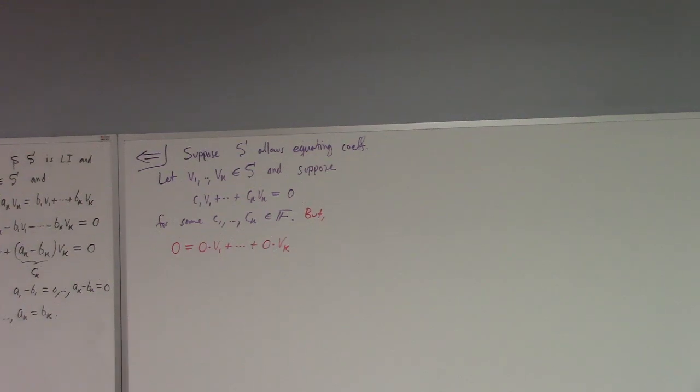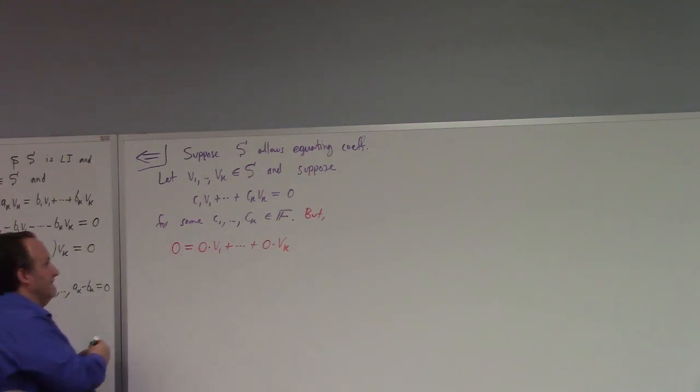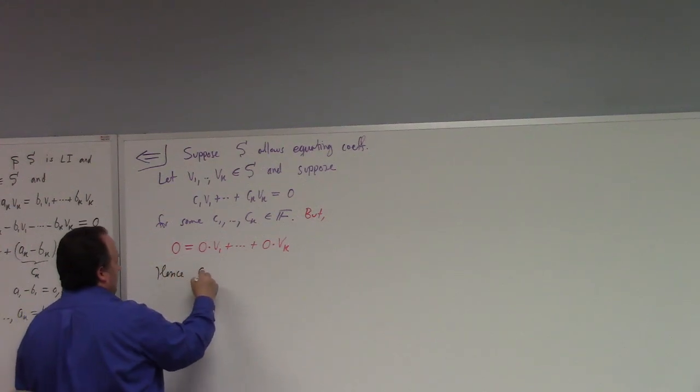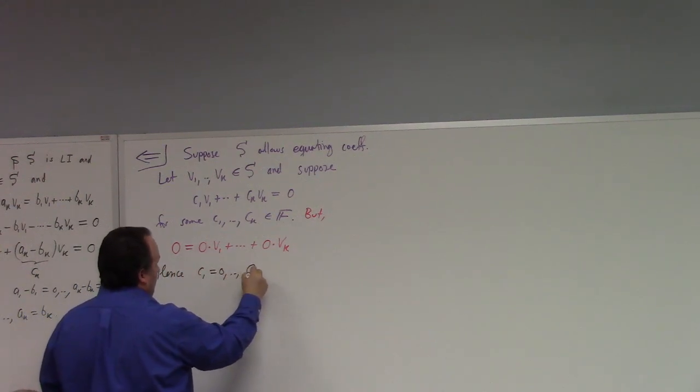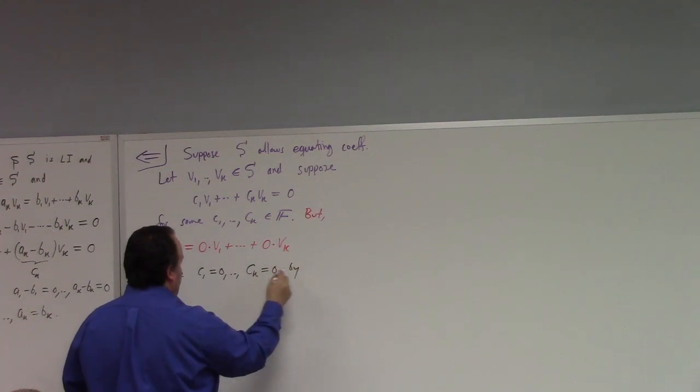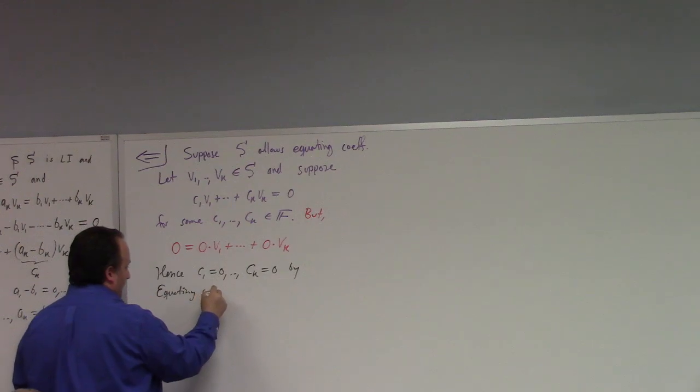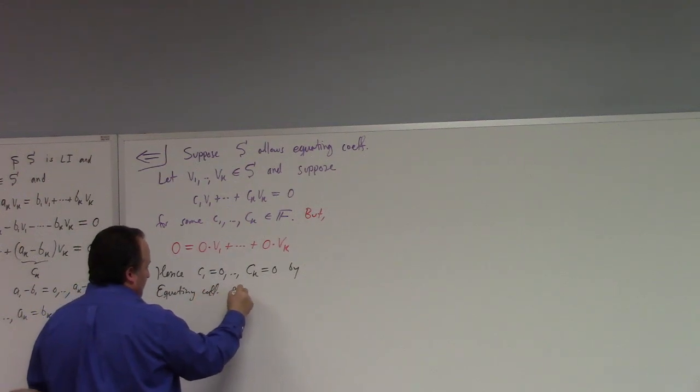In other words, we can think about the C's being the A's and all of the zeros being the B's in my definition. Hence, by equating coefficients, C1 equals 0, CK equals 0, by the equating coefficients property of S.